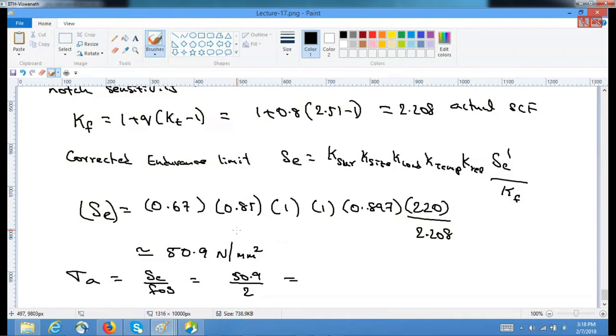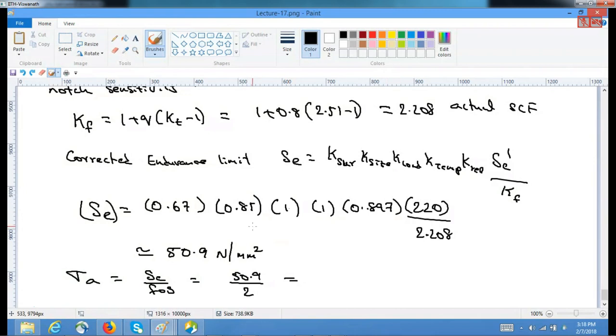for axial load. Okay, so let me just quickly calculate this. For the axial load, K load is taken as 0.8.